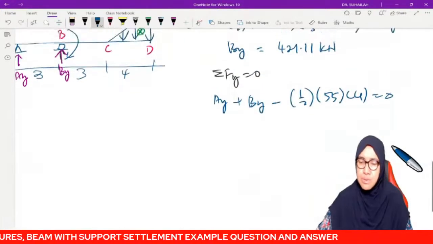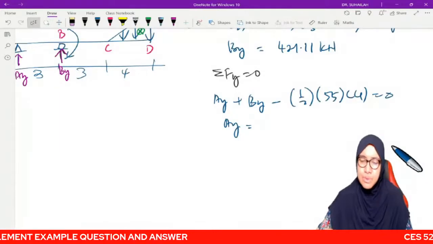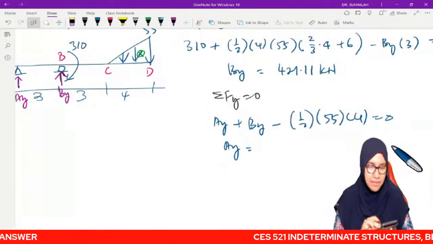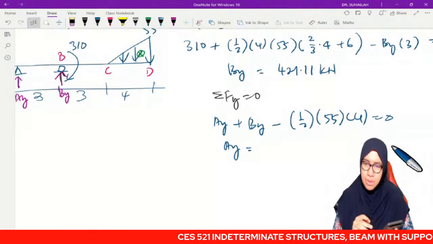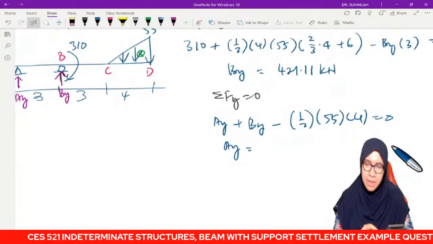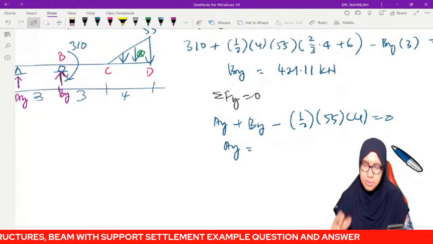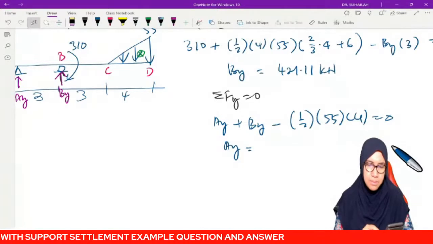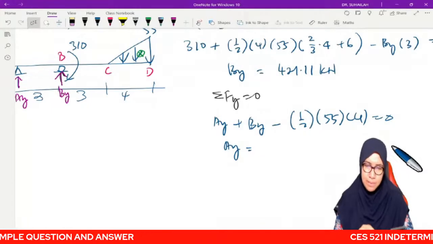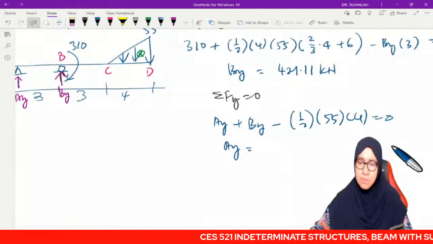So AY equals 55 times 4 divided by 2, minus 411.11.